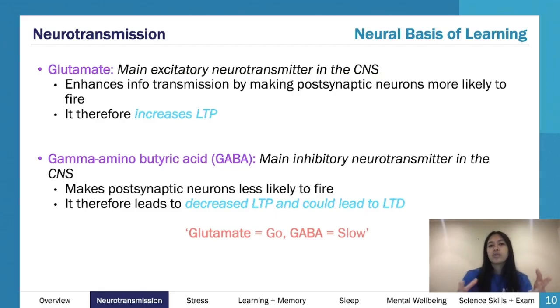So you can see that that could lead to a decrease in long-term potentiation. Because if I send GABA to the neuron next to me, the neuron next to me is basically less likely to fire to maybe the neurons that it might usually fire to. So that's that idea of you're decreasing the strength.